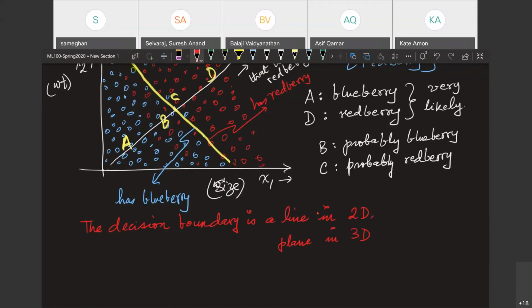It is a linear decision boundary, i.e. the decision boundary is straight or linear. Straight or linear. That is its defining quality, the way we have drawn it.